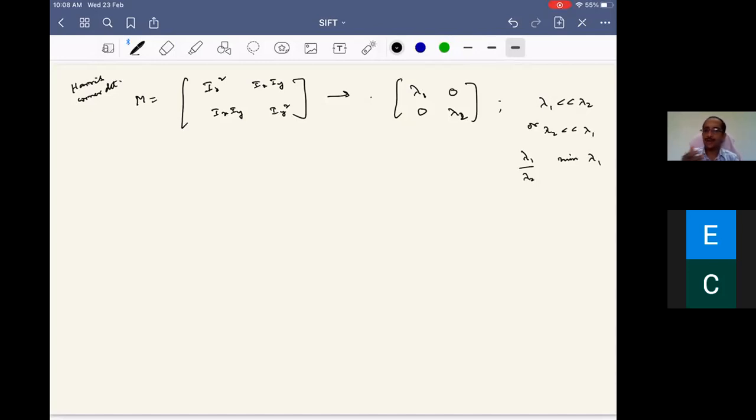If both directions have high variance, then we say it is a corner pixel. If one direction has a good variance in the intensity distribution, and in the other direction there is a weak intensity distribution, then we say that it is an edge pixel.